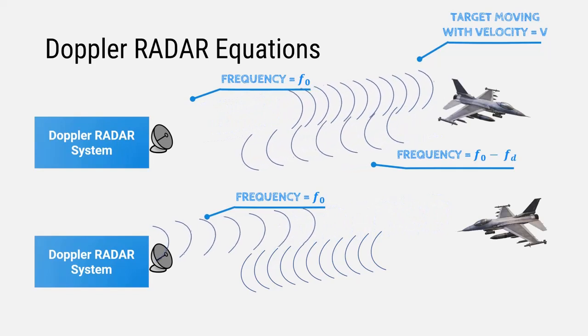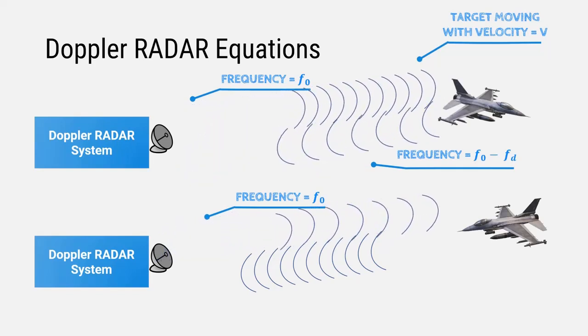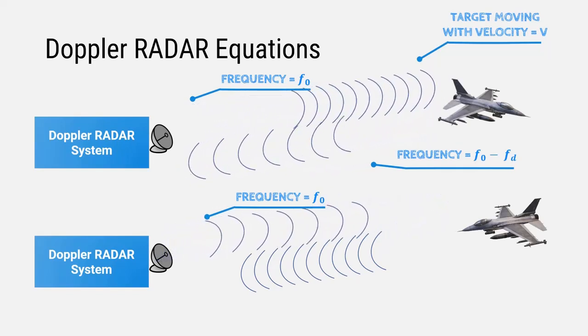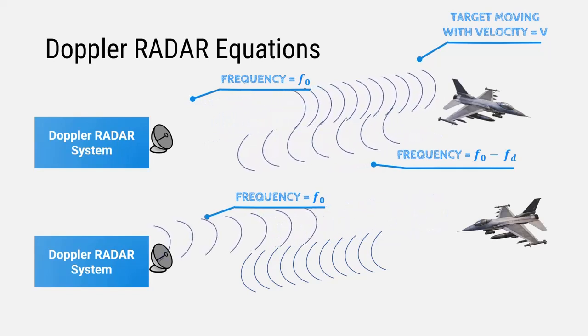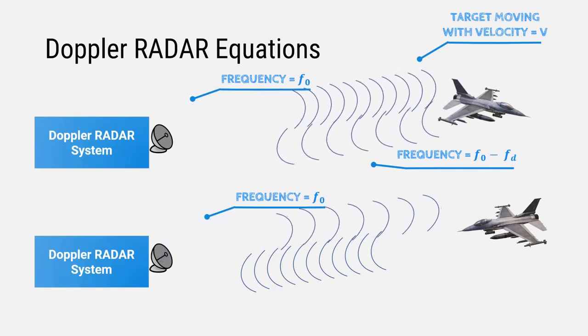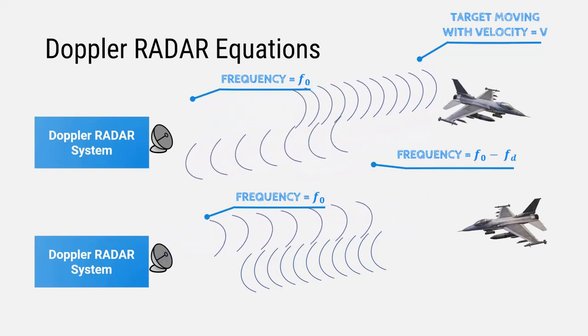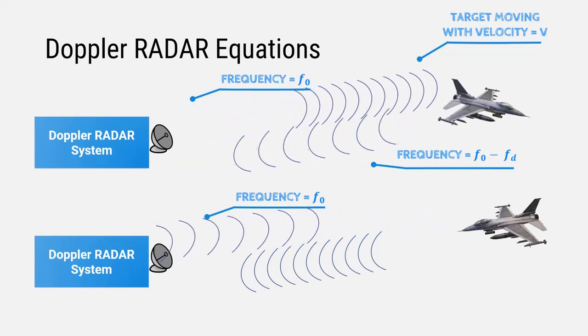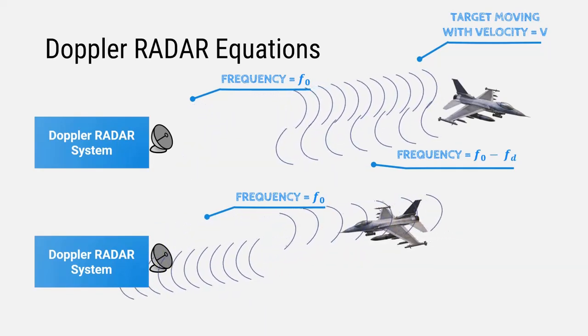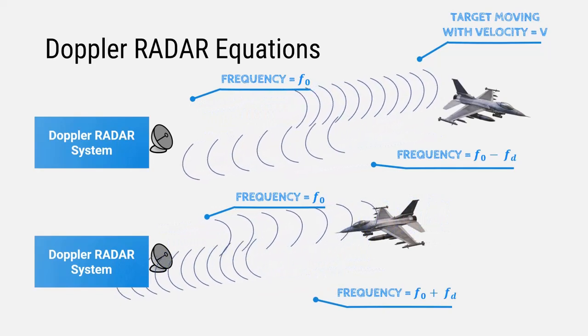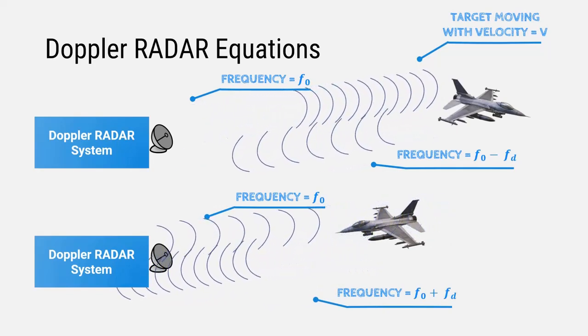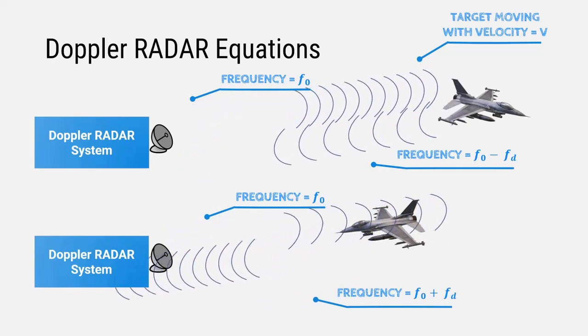Here fd is the Doppler frequency. How to identify the Doppler frequency, I will explain. Now when we come to the second case, where we are generating microwaves with frequency f0 and the target is incoming, in that case the frequency is going to get added with the Doppler frequency. So these are the basic radar equations.